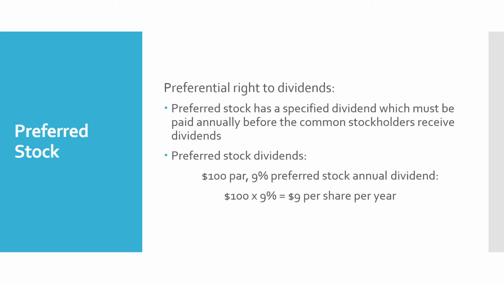So if a company has a $100 par, 9% preferred stock, then the annual dividend on that is going to be the $100 par times the 9%, or $9 per share per year. So that is how you compute the preferred dividend.